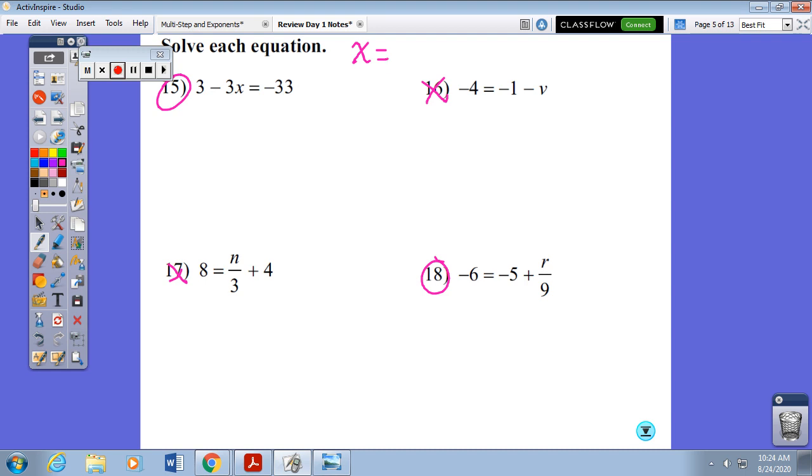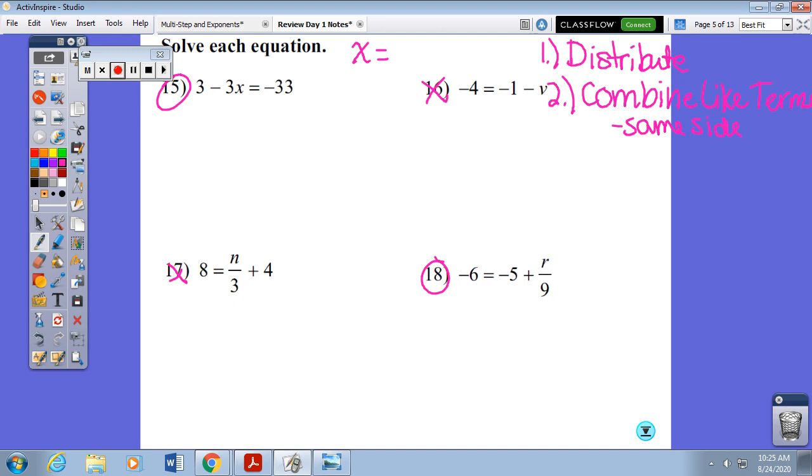So here's our checklist. The first thing we're going to do is to distribute. Just like we did before, distribute. Okay, so on the front page we distributed. And then after we distributed, we combine like terms. And you're going to combine like terms on the same side of the equal sign.